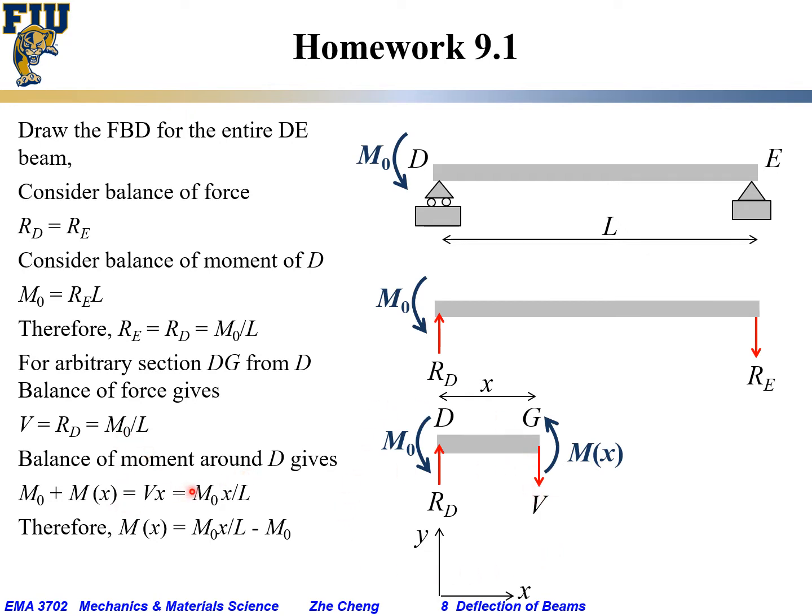From above, we know V is M0 divided by L. As a result, the internal bending moment Mx would be M0x over L minus M0. So now we have the internal shear as well as the internal bending moment Mx. When x is 0 on the left side, it will be just minus M0. On the other hand, when x equals L, Mx would be 0. Okay.